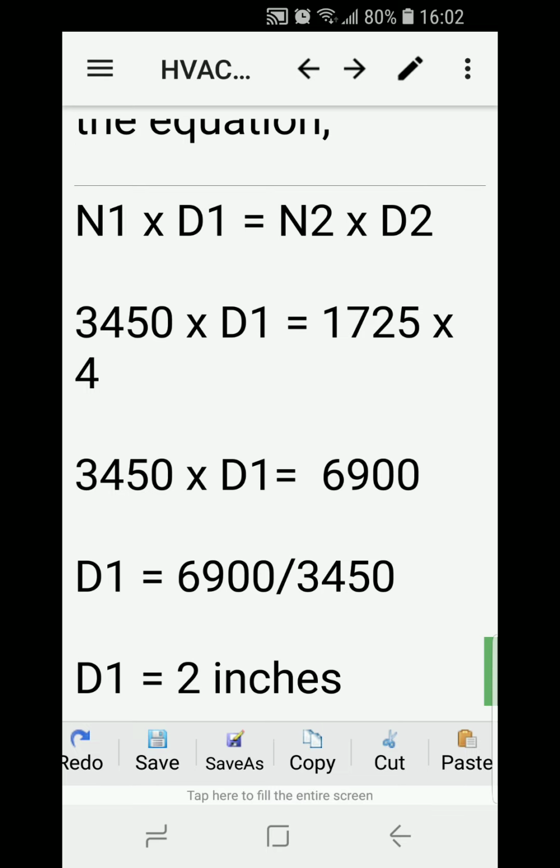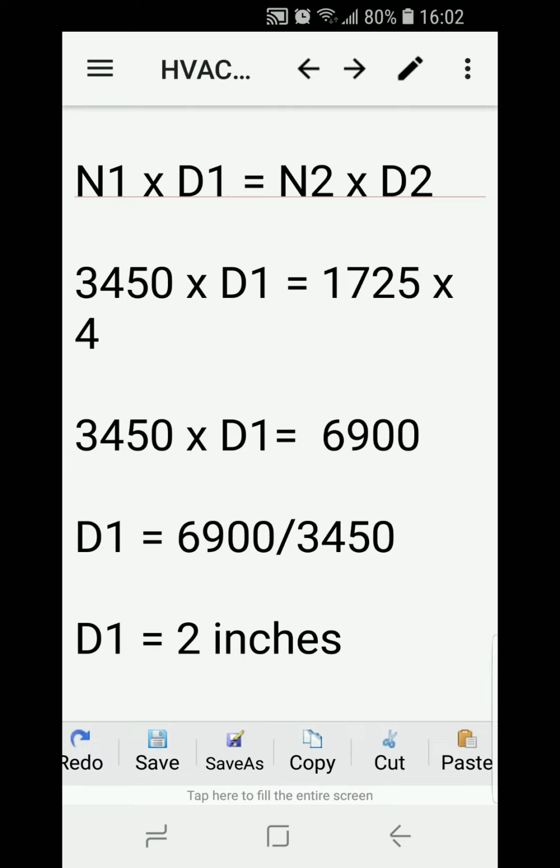So we get D1 is equal to 2 inches, which makes sense because the motor rotates at a faster speed of 3450 RPM, so that's why its diameter is smaller.